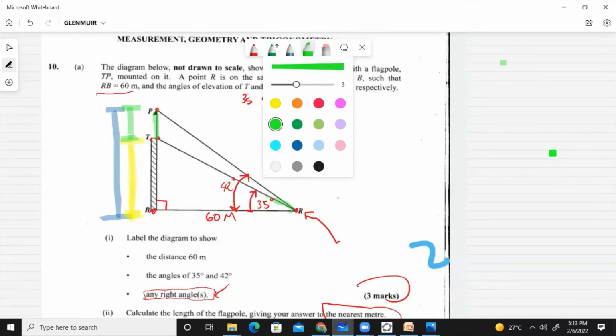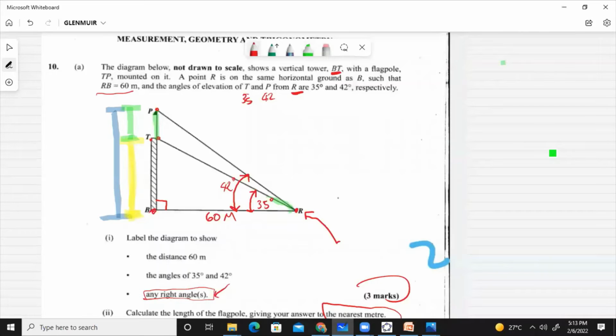Well, how do I label this? TP, which is the flagpole, is equal to BP minus BT. That's what we're gearing at right now. This is what we're going to conclude at the end of the day, which means that it is our responsibility to go and find BP.